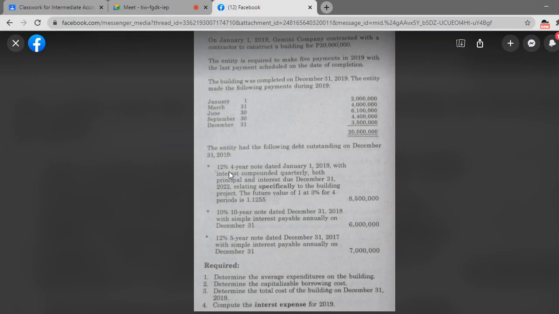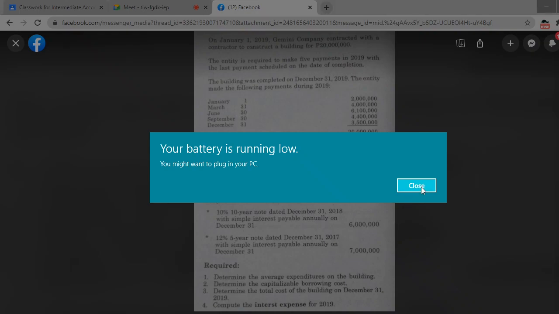So, that's 8.5 times, compounded quarterly daw. So, divided by 4 yung 12%. So, that's 3%. 255 for the first quarter. And then, i-add mo ulit yung 8.5. And then, multiply ka na naman ng 3%. So, 262,650 for the second quarter. So, you do it for the rest of the year and you will get how much is the interest expense.